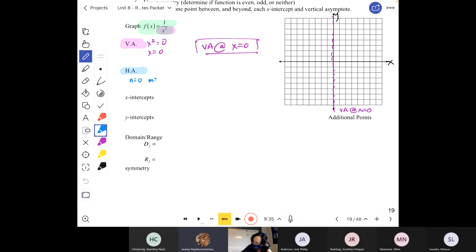The degree of the denominator, m, is 2. Since n is less than m, what do I know about the horizontal asymptote? It's at y equals 0. It is the x-axis every time the degree of the numerator is less than the degree of the denominator. So I'm going to label that as well. So I have a horizontal asymptote.